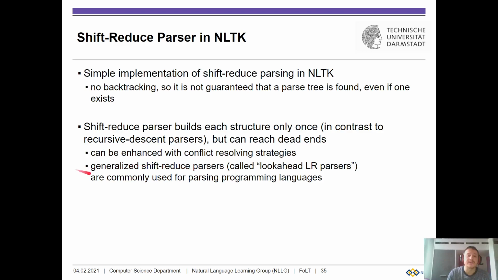And in such setups, a generalized shift-reduce parser is being applied, because of course we don't want to have the problem of those dead ends and our compiler telling us that our code is not parsable, even though in principle it would be.